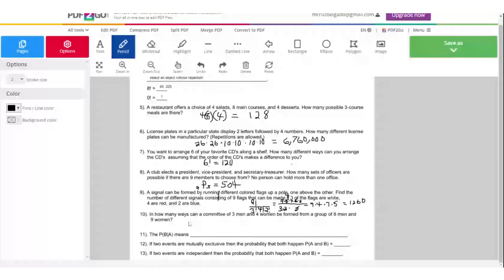All right, so this one right here is just plain combinations, because they're not talking about order like they did up here with the permutations. So this is a committee, so it's a combination, and you're going to take 3 men, and you're going to have 4 women, so 4 out of 9 and 3 out of 8.